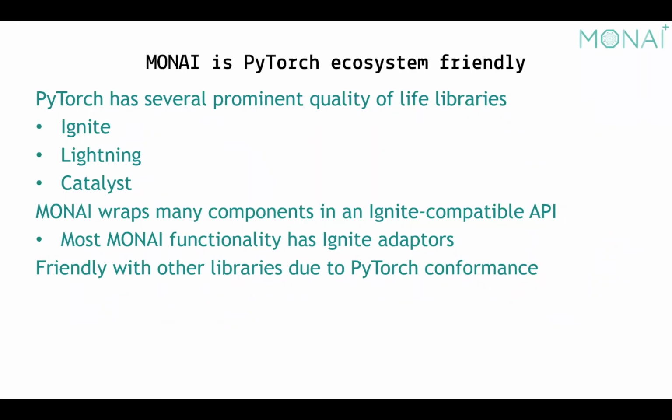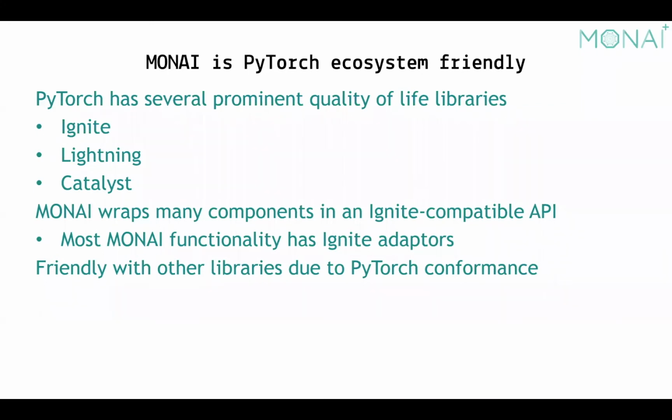Another thing that PyTorch has a lot of are quality of life libraries. To name a few of them, we have Ignite, Lightning, Catalyst. We've adopted Ignite very closely because we find Ignite to be what I would call an unopinionated quality of life library, which isn't to say the other ones aren't. It's the one that we looked at early on. We decided it very much fitted our needs.